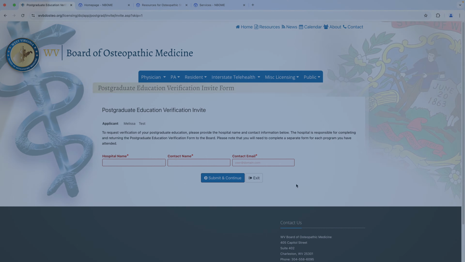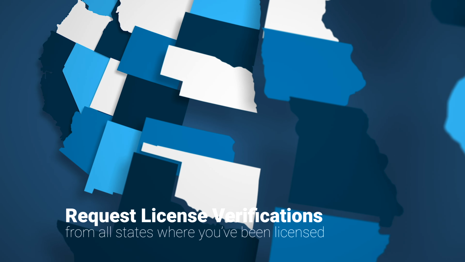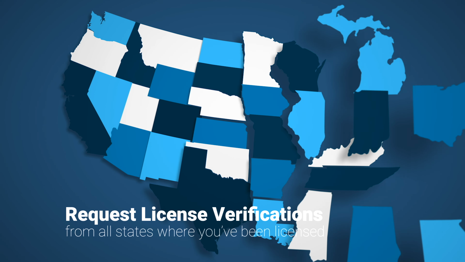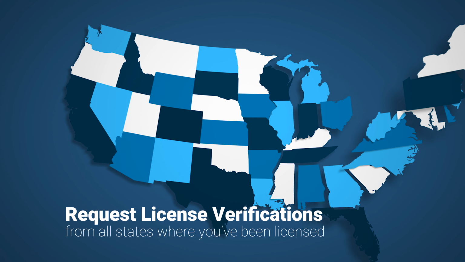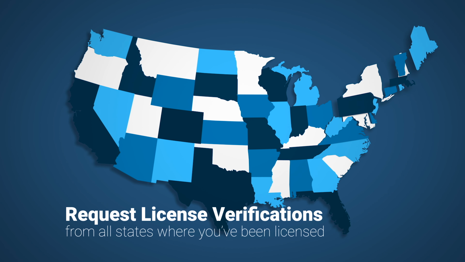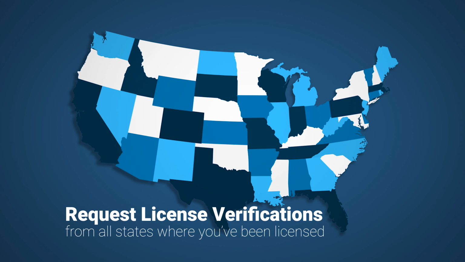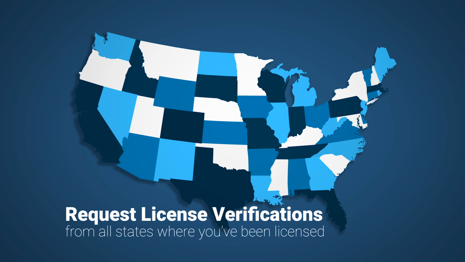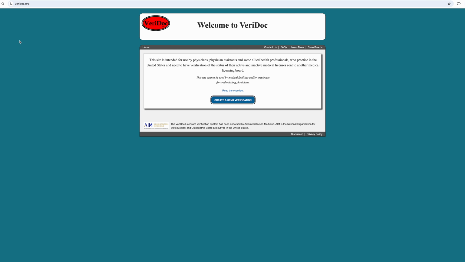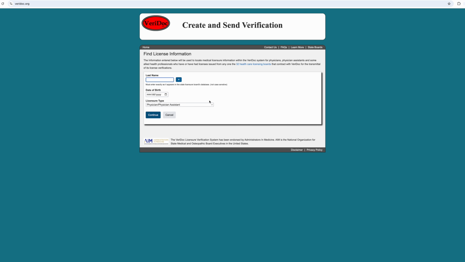Next, request that license verifications be sent to the board from every state in which you currently hold or have held a license. This includes all training licenses. For states that participate, you can request your license verifications online from Veridoc at www.veridoc.org.